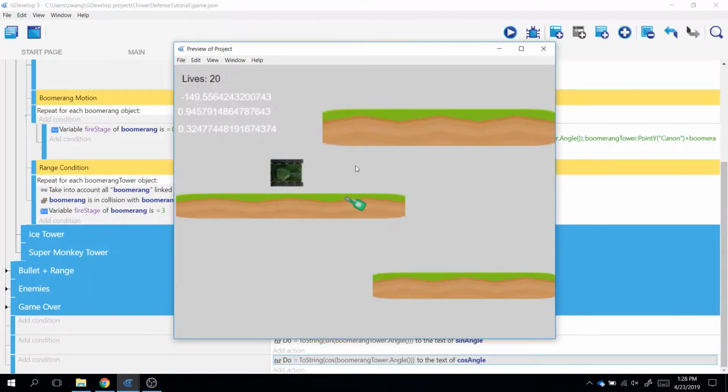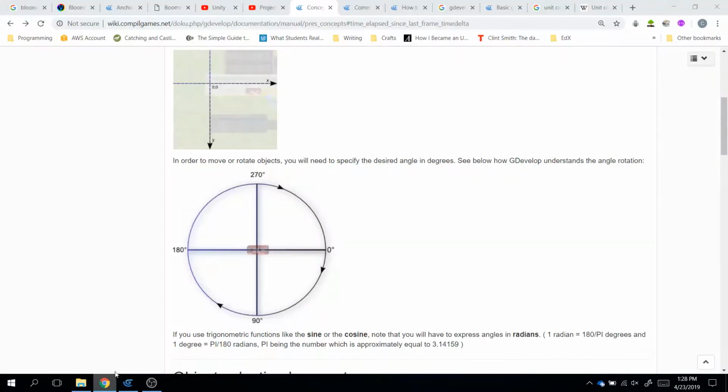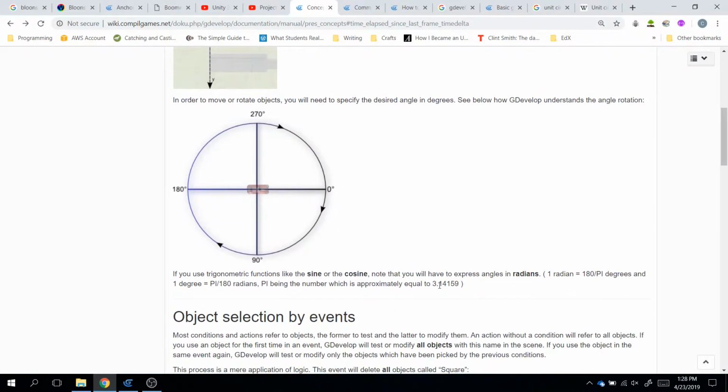So this top one, 0 degrees, 90, 180 degrees, and it goes to negative 90, which is basically 270, and then back here. That's in degrees. But this documentation is saying we need to express that in radians.